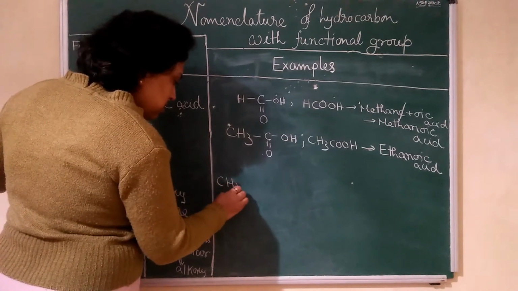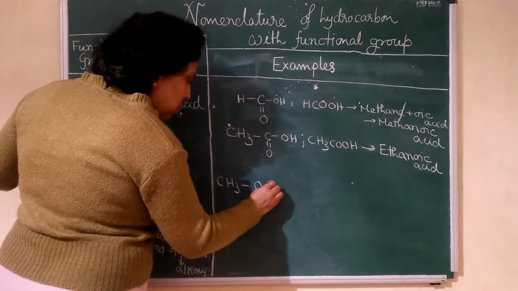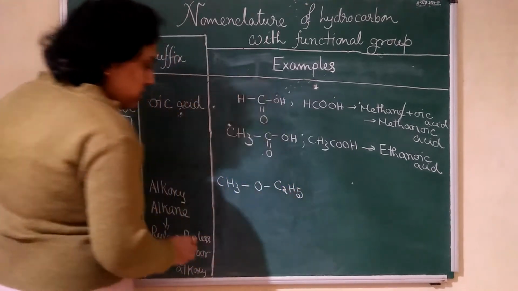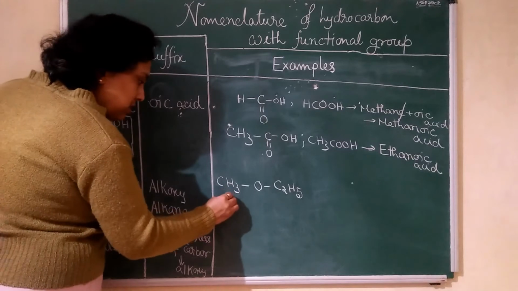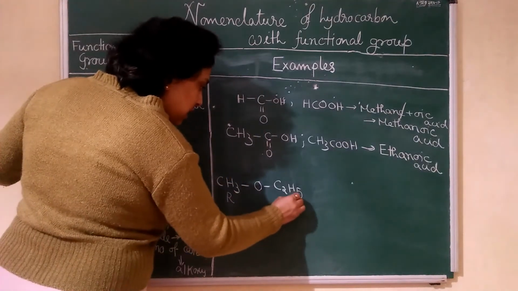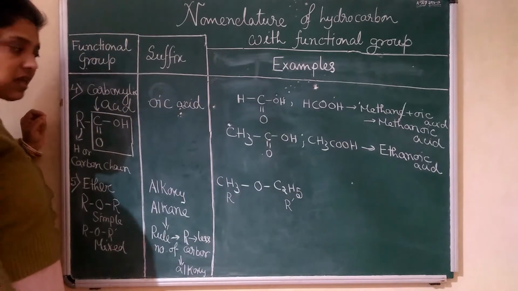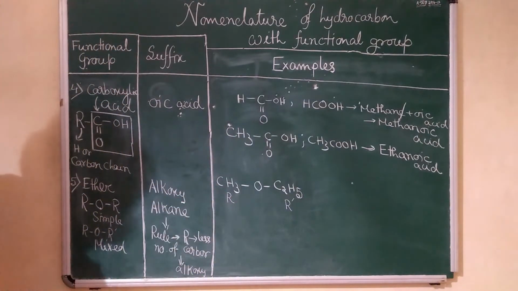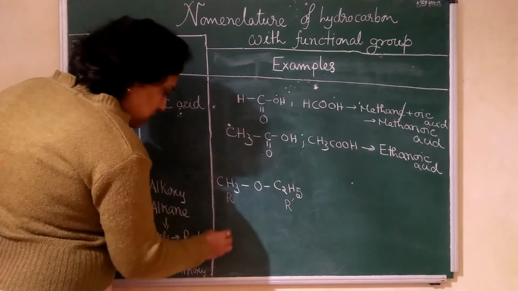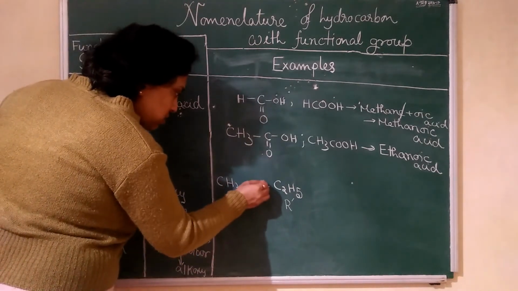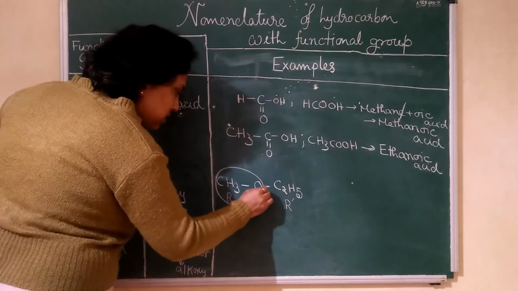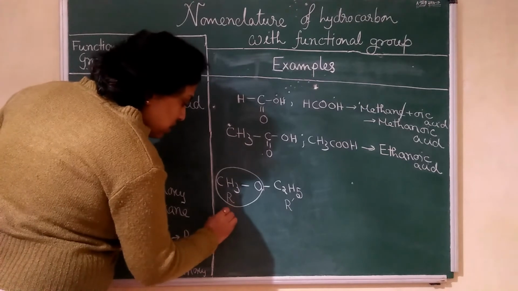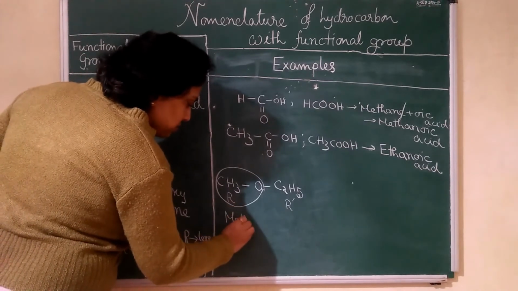If it is CH3O C2H5. Now see this. This is one R, and this is a different R, R dash. Which one has fewer carbons? This one. So in the nomenclature, this O will come along with this CH3, so this one will be alkoxy, meaning methoxy.